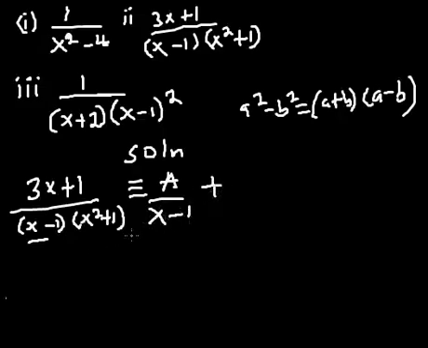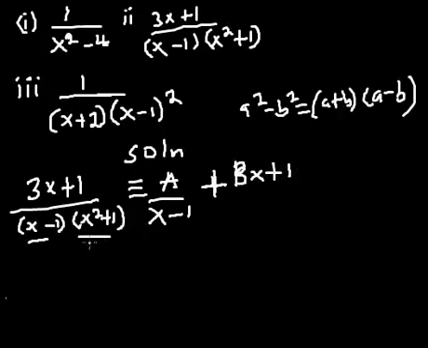But for this other factor of the denominator, x squared plus 1, because of the square of the x, and of course the constant value, in this case I am not going to use B, I'm going to use Bx. Why? Because you see here now x is actually squared, so it's going to be Bx plus 1. So please take note of that.